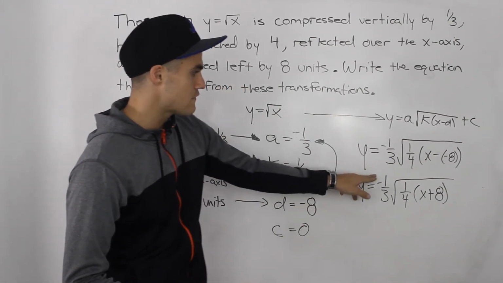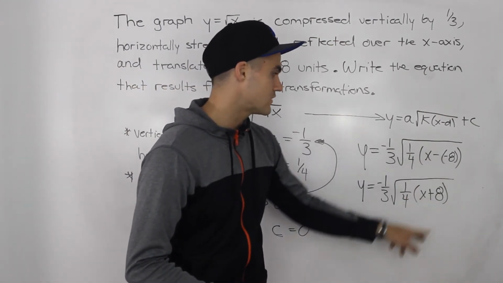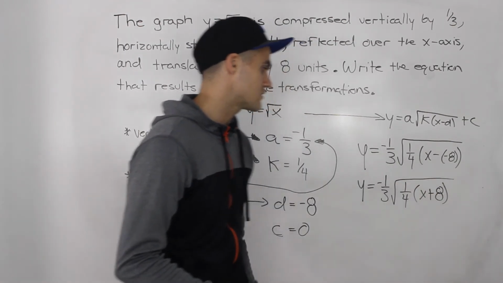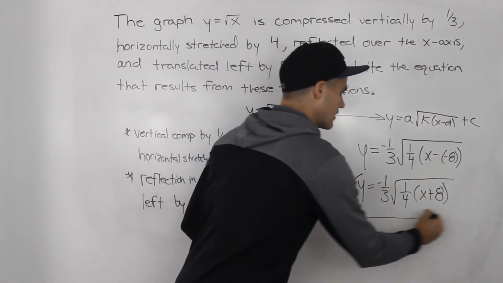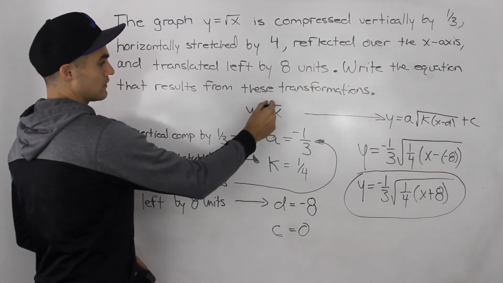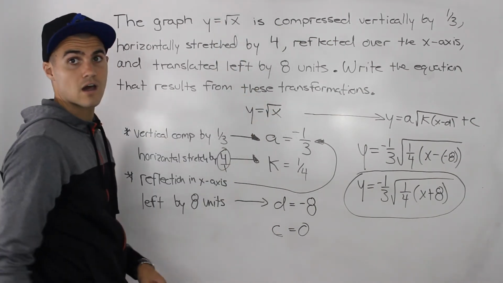So a value -1/3, k value 1/4, d value of -8, which turns into x plus 8 in that bracket, c value of 0. So that there is our final equation for when the square root of x is transformed with this list of transformations.